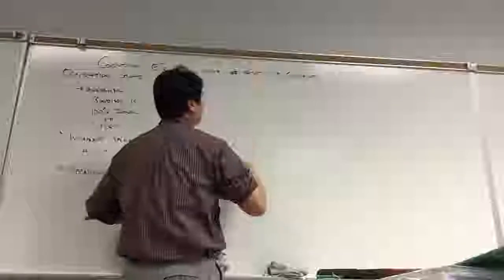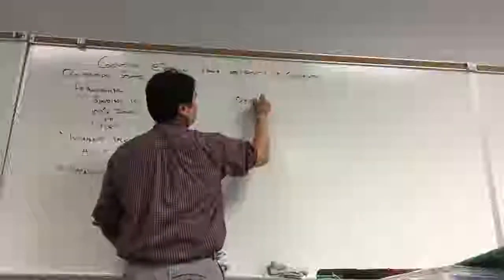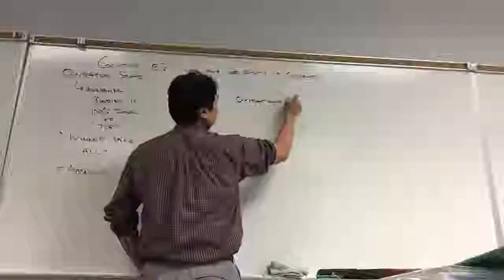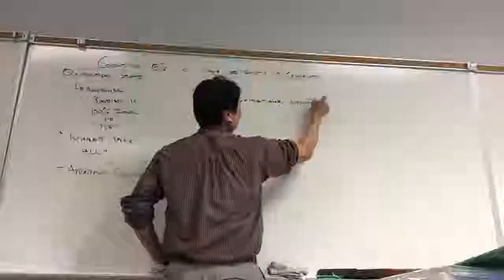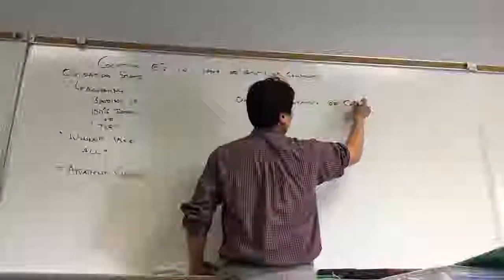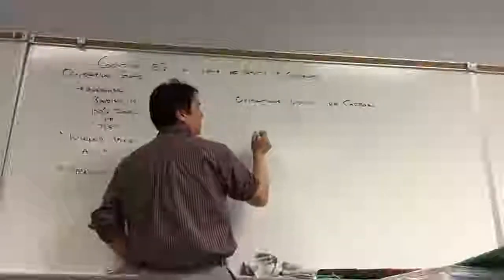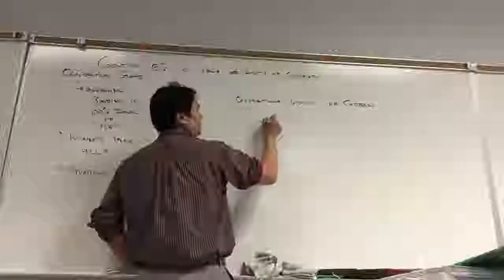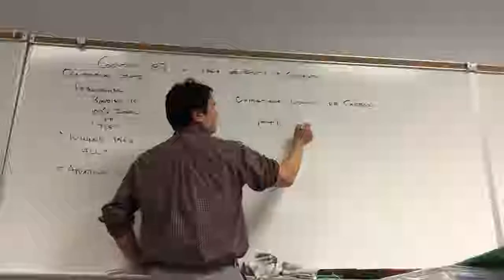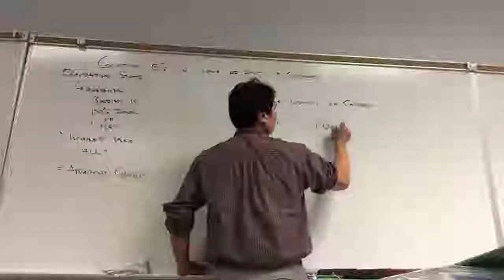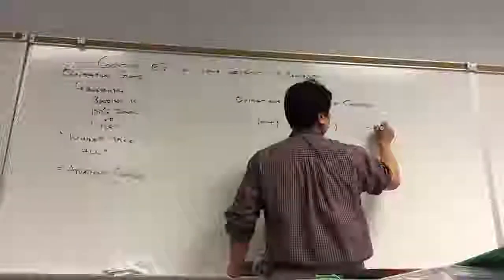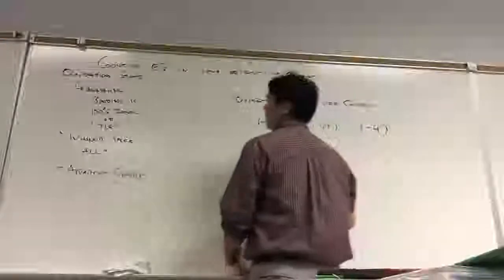Let's take a look at the oxidation states of carbon. The oxidation states of carbon vary from +4 through 0 to -4.